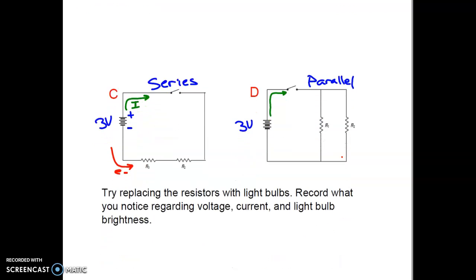Then you're going to try to make these two circuits. So C is a series circuit, and you might have heard about that before, but you're going to create this series circuit. And then you're going to create D, which is a parallel circuit. Okay, and after you create those with the resistors, you're going to try replacing the resistors with light bulbs and record what you notice regarding voltage, current, and light bulb brightness.